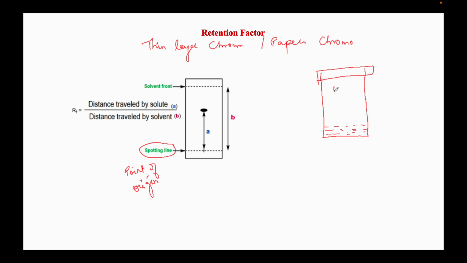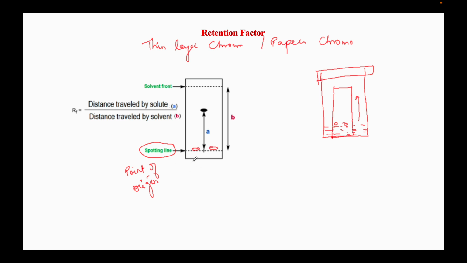When we put a paper or a thin layer silica plate inside, this paper will be dipped in the solvent, and through capillary action the solvent will run up front, right? The point at which it is submerged is known as the point of origin, and the sampling is done either on the point of origin or just above.